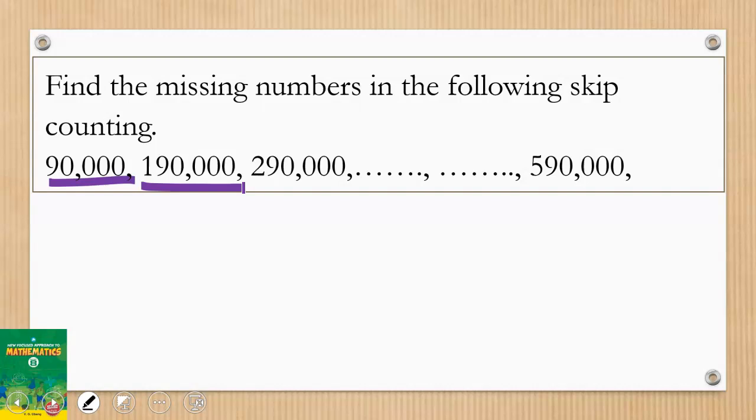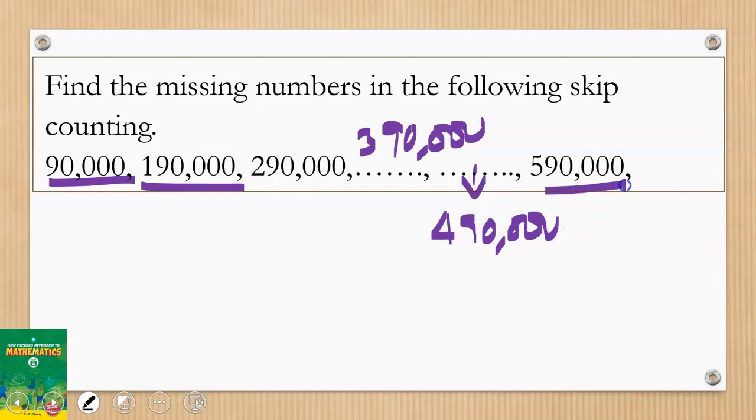So 100,000 plus 90,000 will give us 190,000. Then we are going to have 290,000 to be the next number. The next number after this will be 390,000. Then the next number that should follow here should be 490,000. Then we have 590,000 and so on and so forth. So the missing numbers are going to be 390,000 and 490,000.